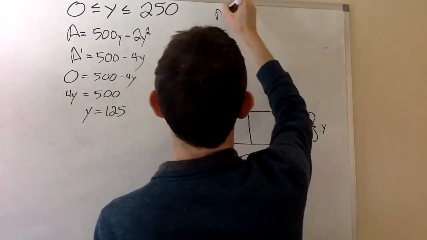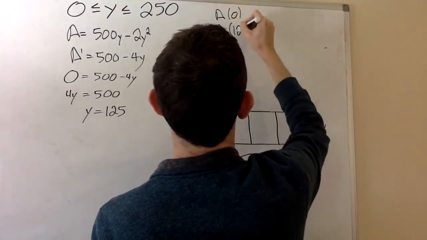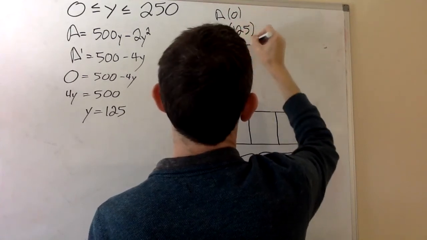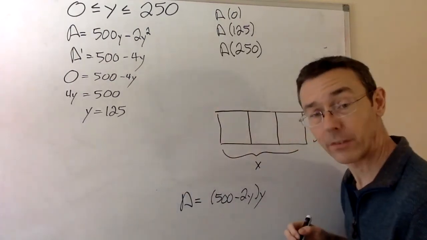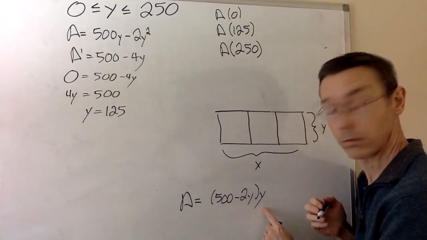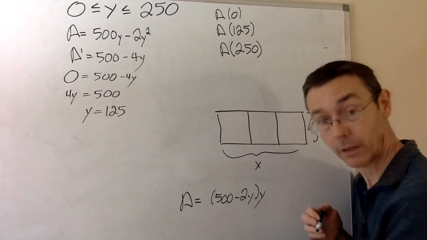So I need to do A of 0, A of 125, and A of 250. The first and the last of these are very easy. When y is 0, I get 0. And when y is 250, I also get 0.